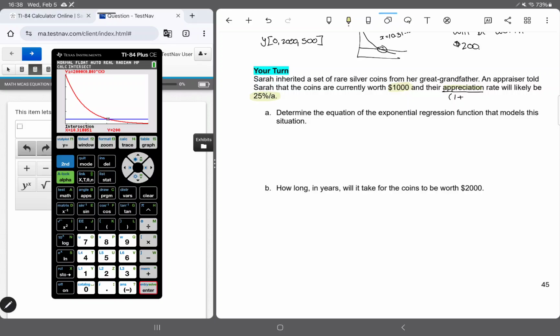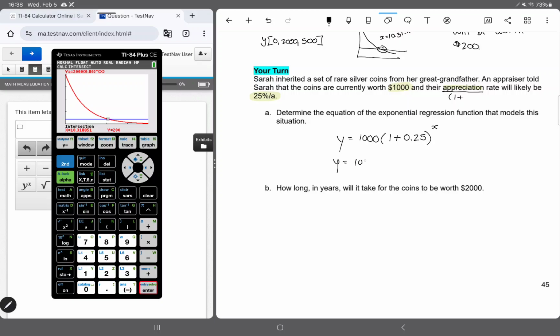Thankfully, no compounding interest, so we don't have to worry about that part. Determine the equation of the exponential regression function that models this situation. Well, we have our unknown future value, our starting value of $1,000, and because it's appreciation, it's 1+ our rate as a decimal.